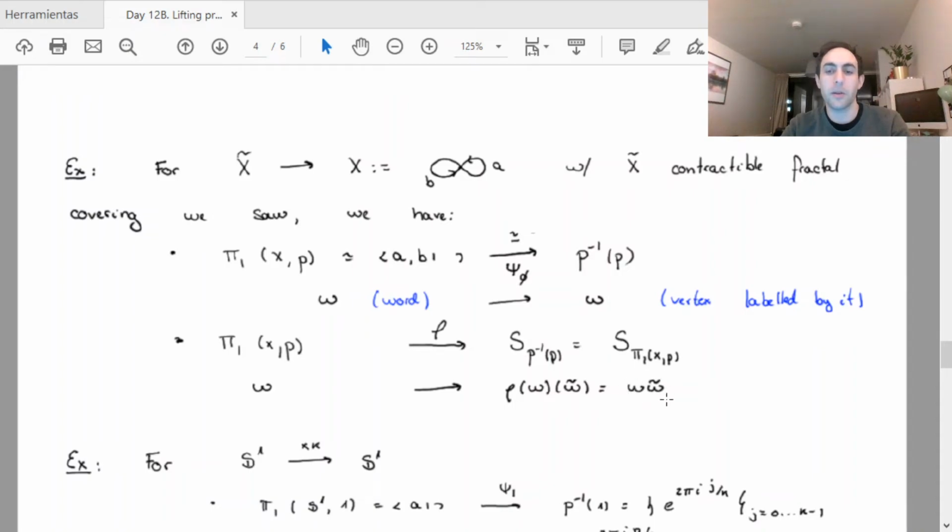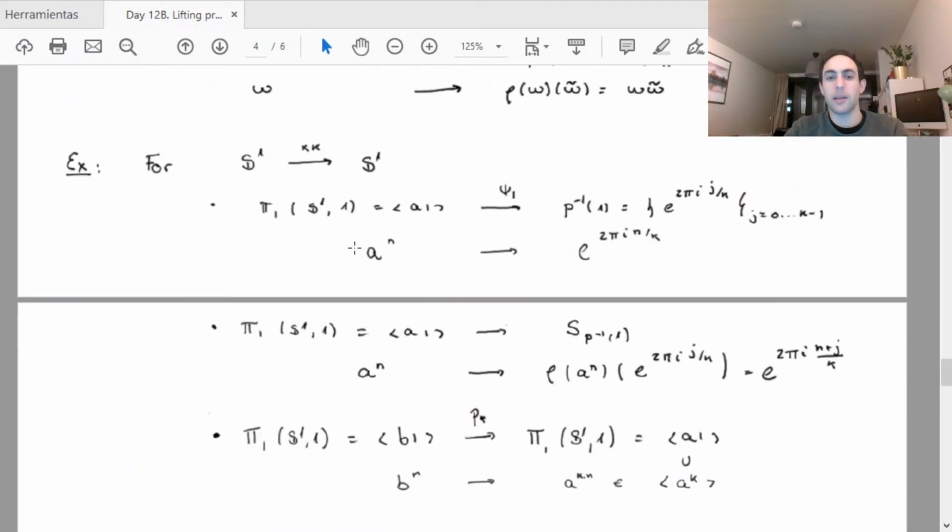So you will end up in the vertex w tilde w. So this is again the action of pi1 on itself. Out of pi1 you produce a permutation of pi1 as a set of its elements. All right, so this is a nice example.